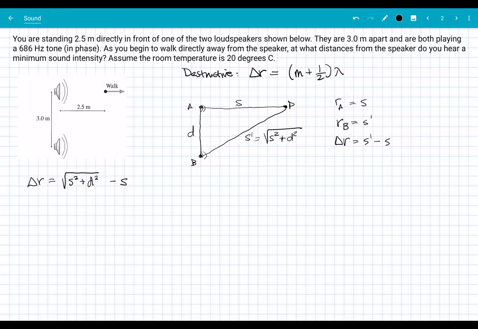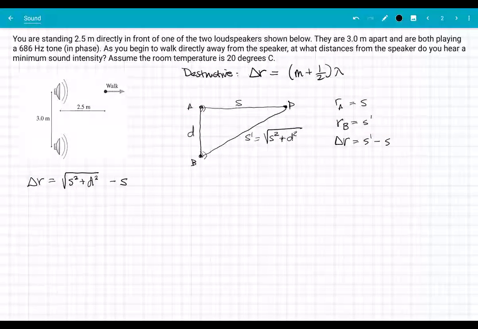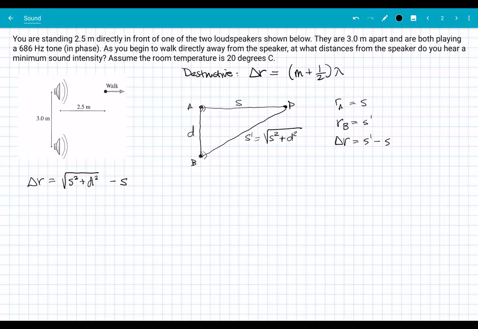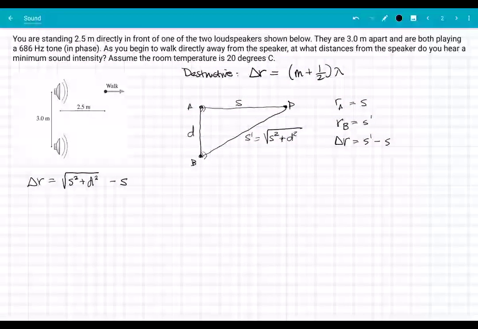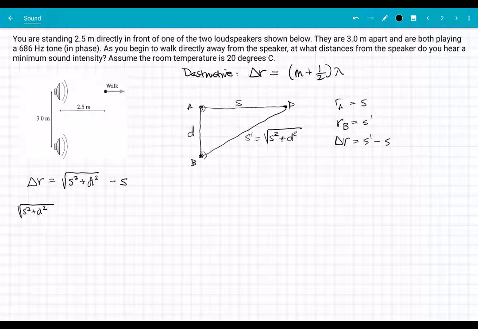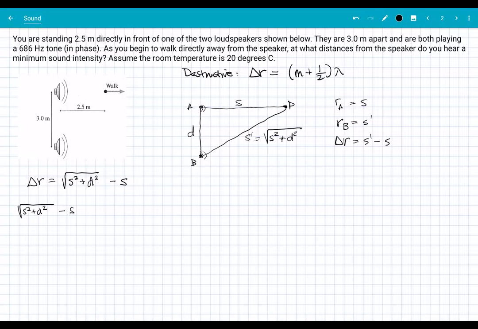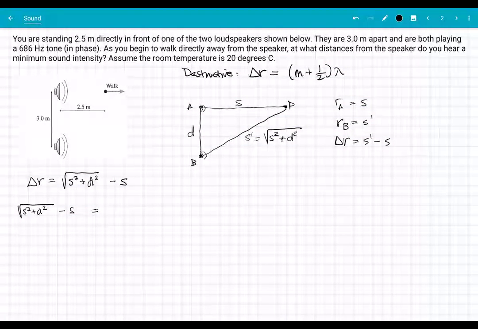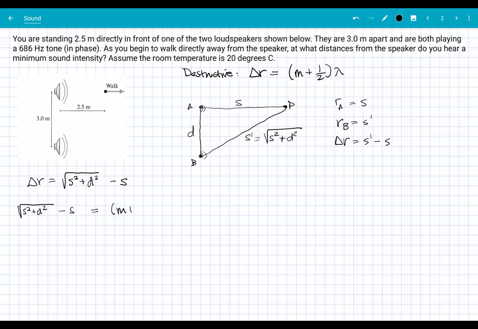I know that I need to take that path length difference and set it equal to my (m + 1/2)λ. So if I do that, I'll have this: root of S squared plus d squared, minus S, is equal to (m + 1/2)λ.